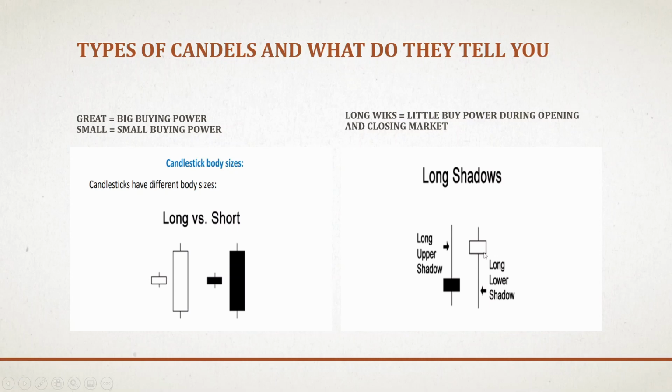Here, what happened on this one is the opening was down here, and it closed up here. But in that day itself, the selling pressure was very hard, and the buyers by the end of the day gained the ground again and made sure that it still closed positive. You really need to understand what is happening in this market. That means that in this candle the buyers are gaining ground and winning.